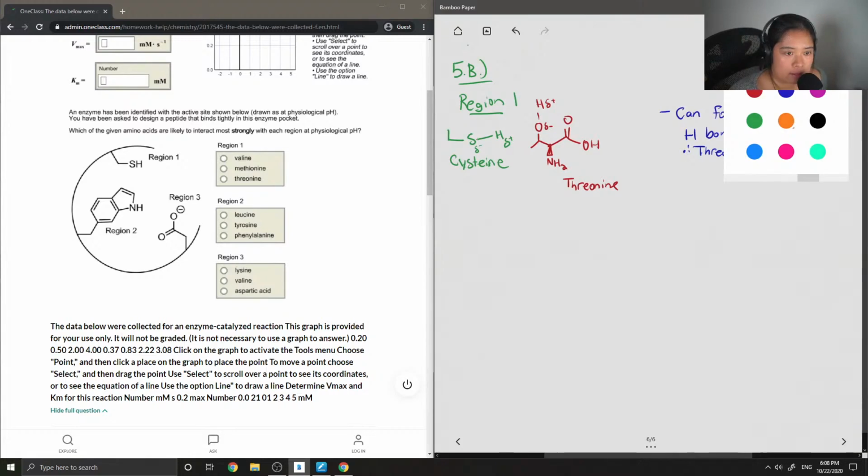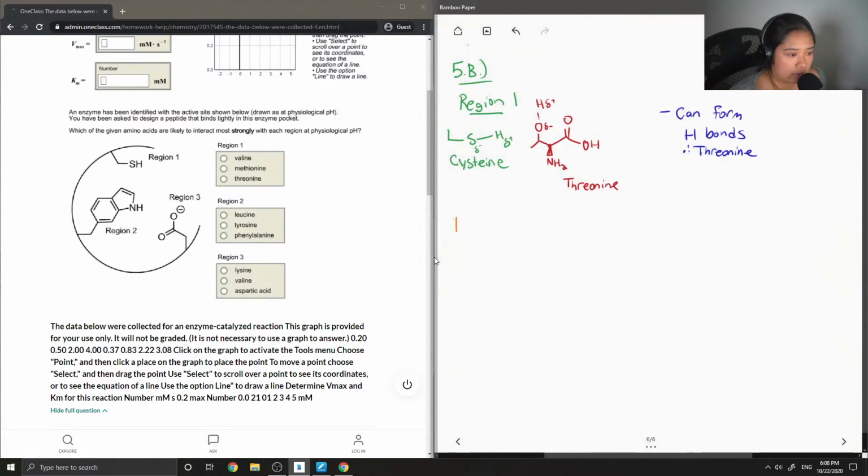Okay, so now let's look at region 2. So region 2 has like a 2-ring structure. If I don't butcher this, kind of like that.